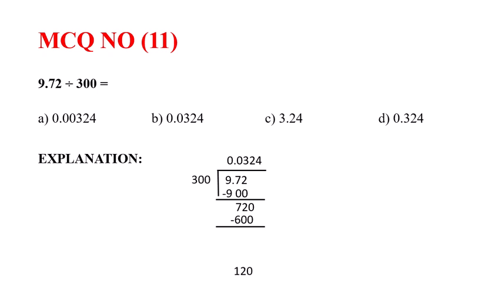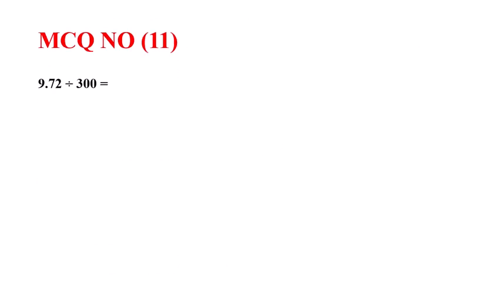After subtraction we get only 120. And after this we multiply with 4 multiply 300, we get 120, minus these values we get 0. So the final answer of MCQs number 11 is option A is correct, that is equal to 0.00324.